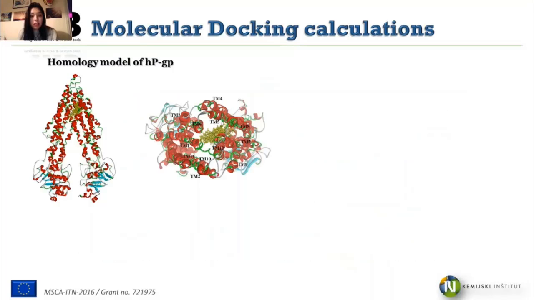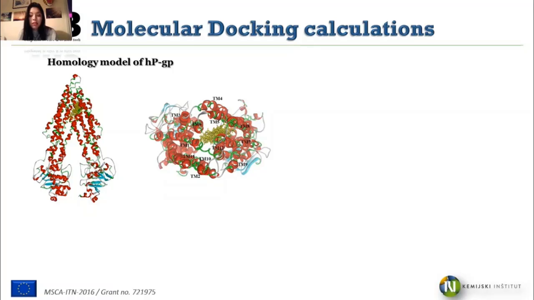Here we have the distribution of the selected ligand poses. They are colored in yellow in the homology model of the human PGP. On the other side, we have a view from the extracellular side of the protein looking into the internal chamber.